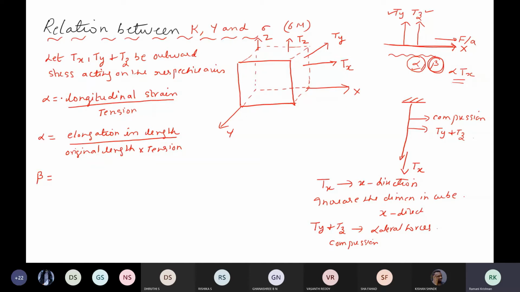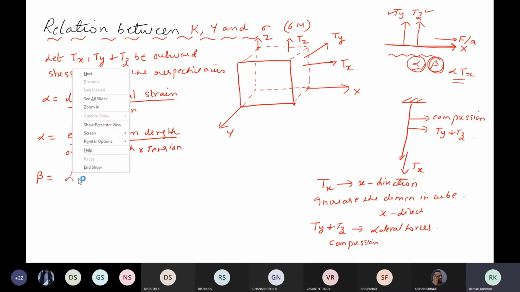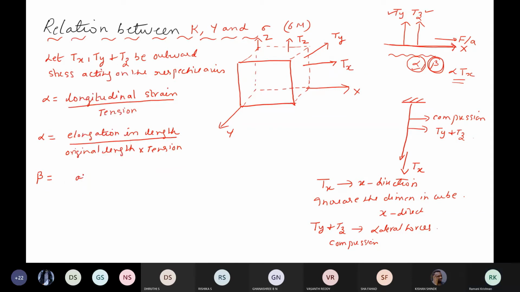Let alpha be the longitudinal strain coefficient, which is defined as longitudinal strain per unit stress, and strain is the elongation in the length to the original length, into tension. Now beta is what? What we saw, beta is the lateral strain coefficient, and it is defined as lateral strain per unit tension.